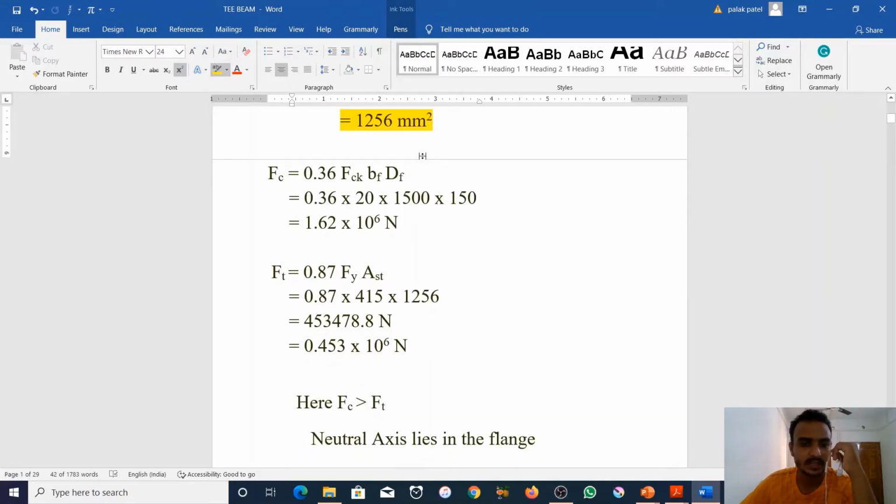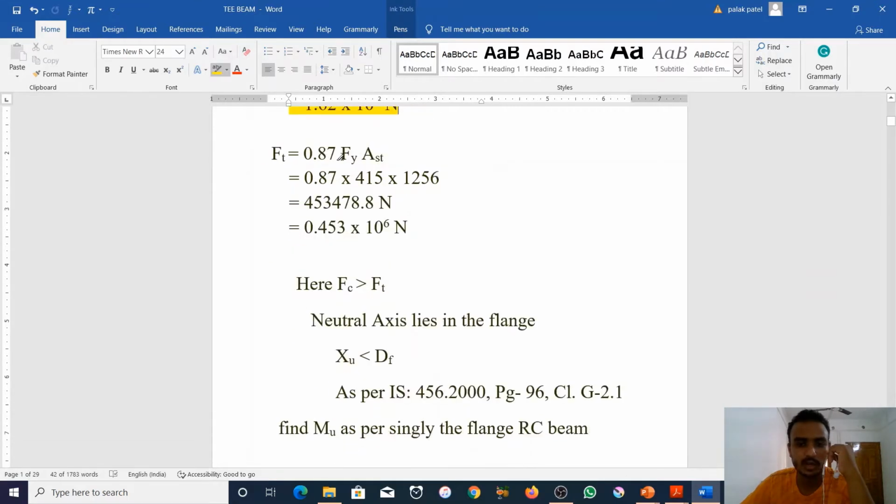Then calculate Fc, the force of compression, 0.36 fck bf Df. So 0.36 fck 20. bf means width of flange and capital Df means overall depth of flange. So the force is 1.62 into 10 raised to 6 Newton. These are the compression force at flange.